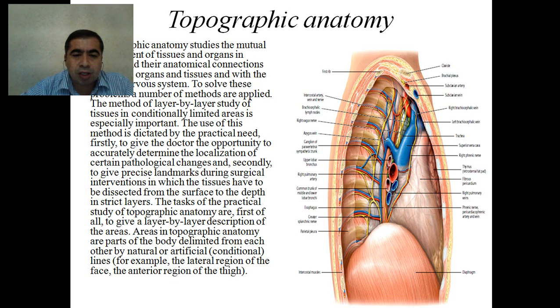And the tasks of the practical study of topographic anatomy are, first of all, to give a layer by layer description of the areas. What is an area? Areas in topographic anatomy are the parts of the body delimited from each other by natural or artificial conditional lines.